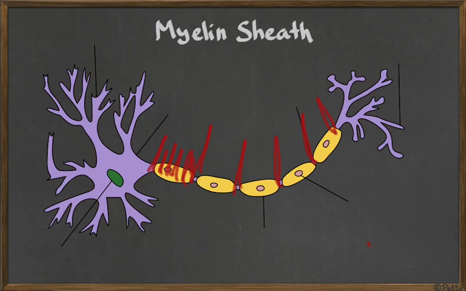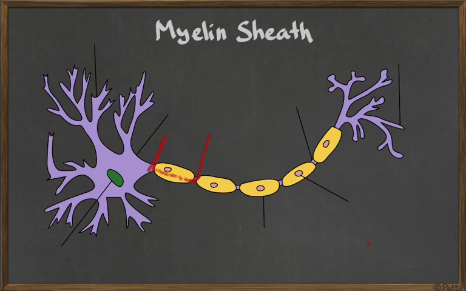The myelin sheath, the Schwann cells, have exactly the size for one action potential to cause enough sodium to get in to make the next node of Ranvier reach the threshold and start a new action potential.